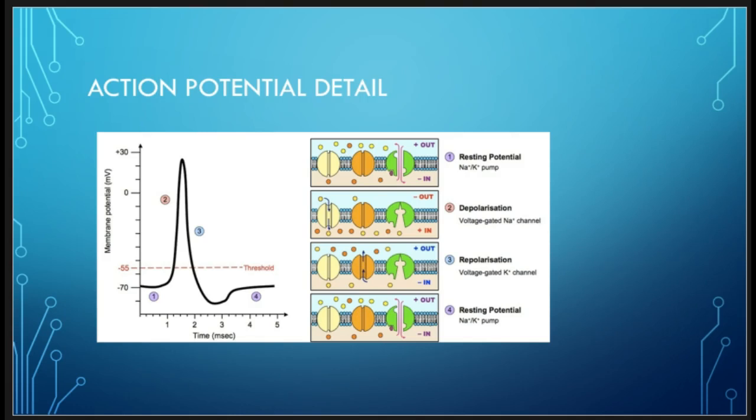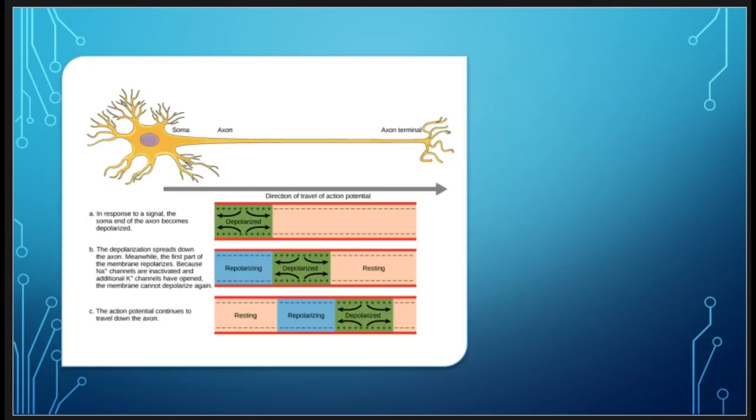So let's look at that again, just from one more perspective. We have a simple example here of a neuron. In this case, it has no myelin sheath, but quick explanation here. We have this area becoming depolarized, the process that we just mentioned.